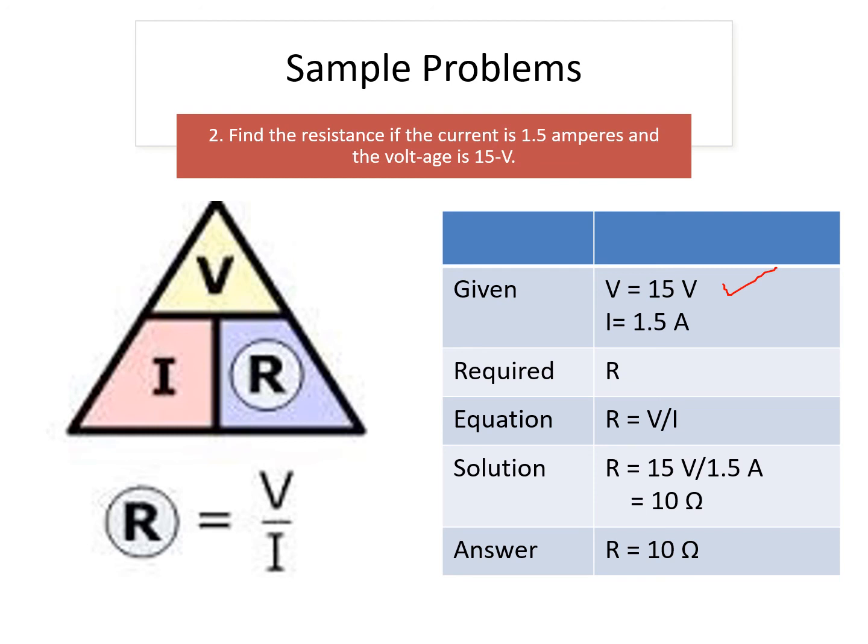V is equivalent to 15 volts. I is equivalent to 1.5 ampere. Required R. Equation R is equal to V over I. Solution R is equal to 15 V over 1.5 A is equal to 10 ohms.